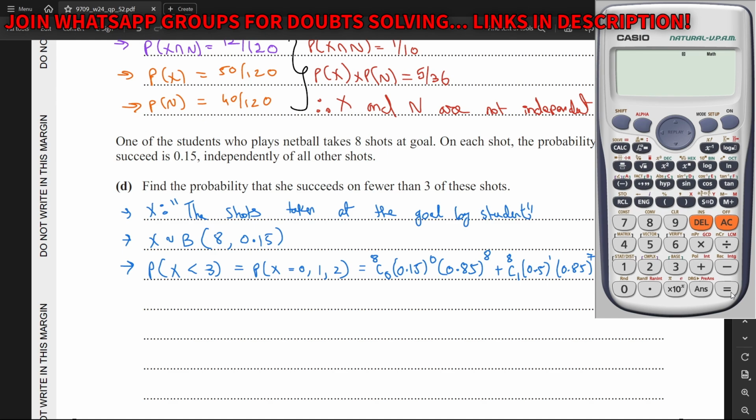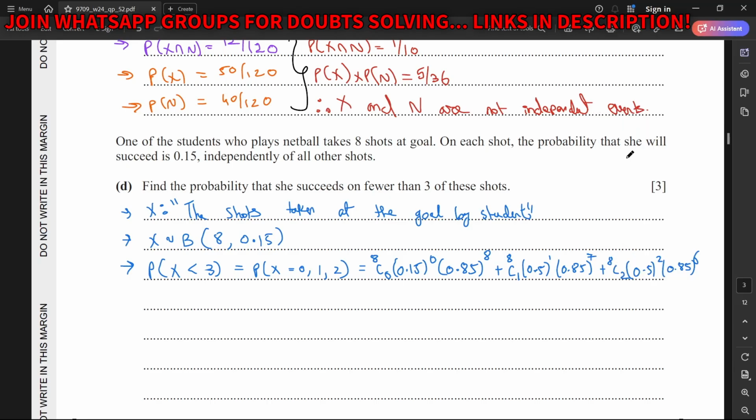And then if you equate this, it will be the same as the calculation that is written on the board. And it comes out to be 0.895 correct to 3 decimal places.